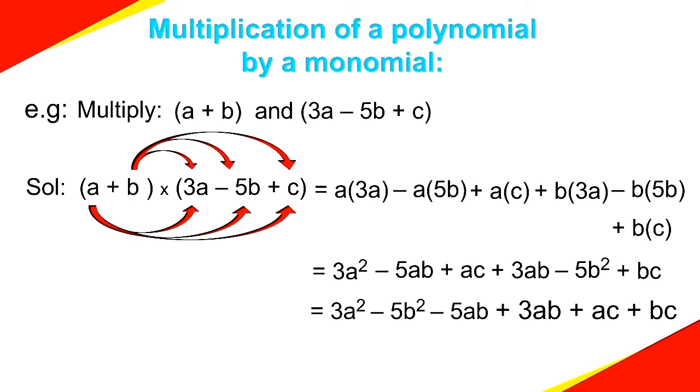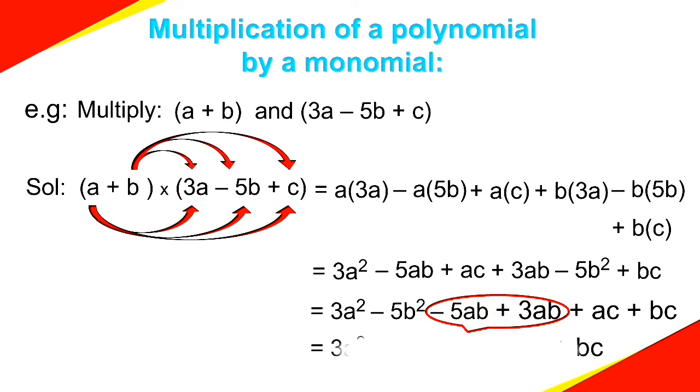Now here we can see 3a square minus 5b square minus 5ab plus 3ab plus ac plus bc. Here minus 5ab plus 3ab are the like terms.